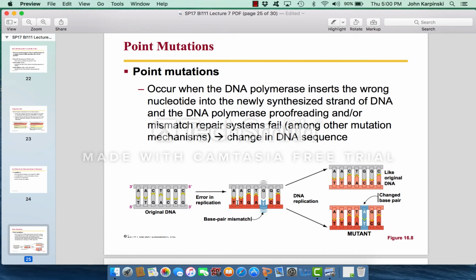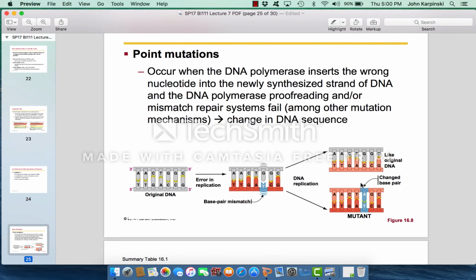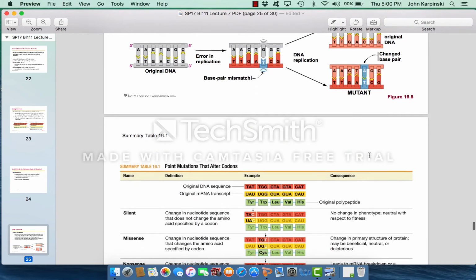The original base pair here was C with G, but somehow a T was mistakenly placed in the DNA sequence. Once the T is placed, then we have A bind to it, so we have a totally new base pairing. The consequence of that mistake, also referred to as a base pair substitution, can really be significant.